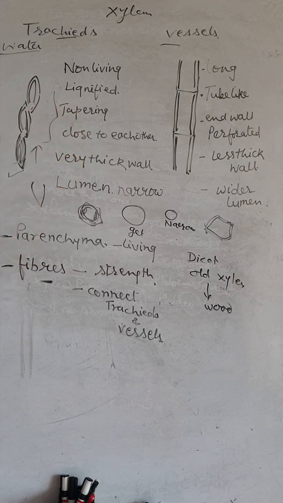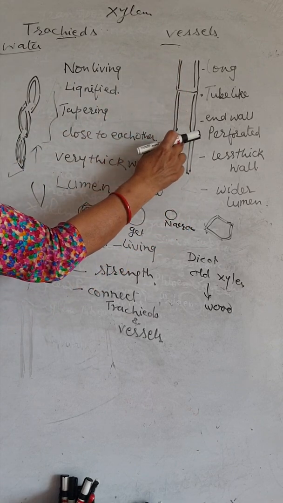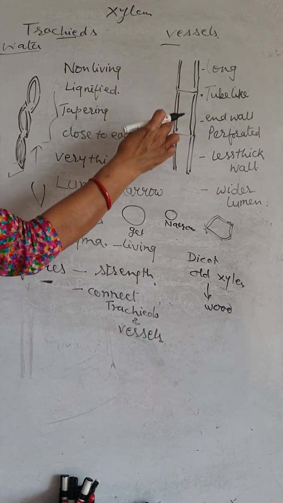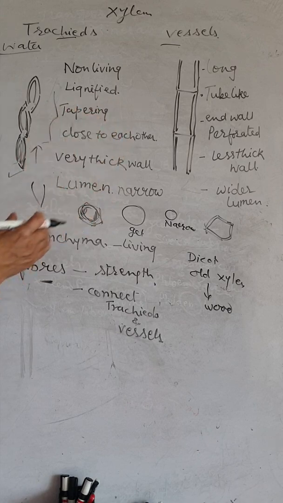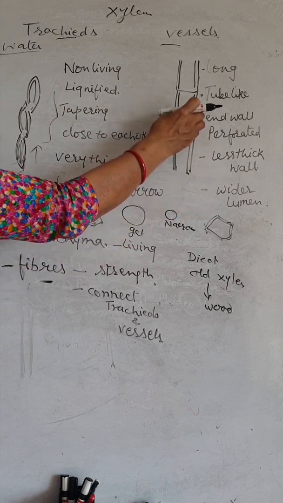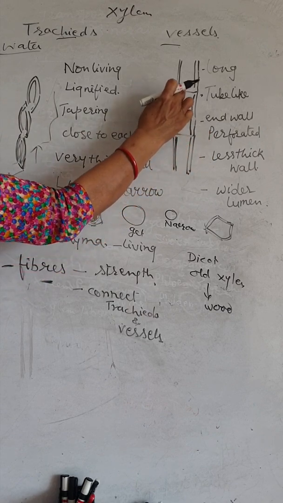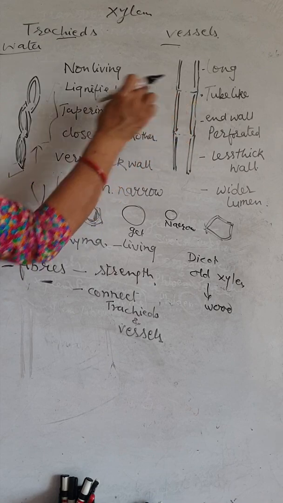The vessels are tube-like, pipe-like, long. For example, one vessel is there, another vessel is there, another vessel is there. When we attach long pipe pieces, they are joined together, and their end wall is perforated, the pores are there.